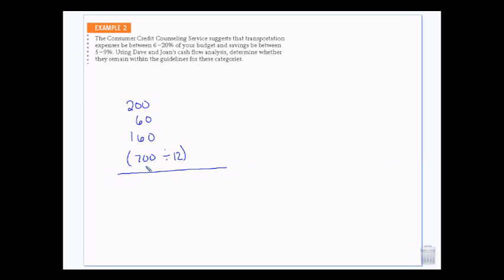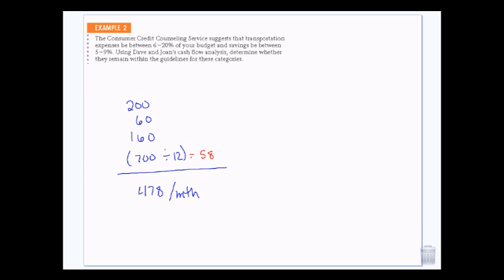So first I'm going to take that 700 and divide it by 12. So this is 58. I'm just going to round it to 58. So that's 478 a month.